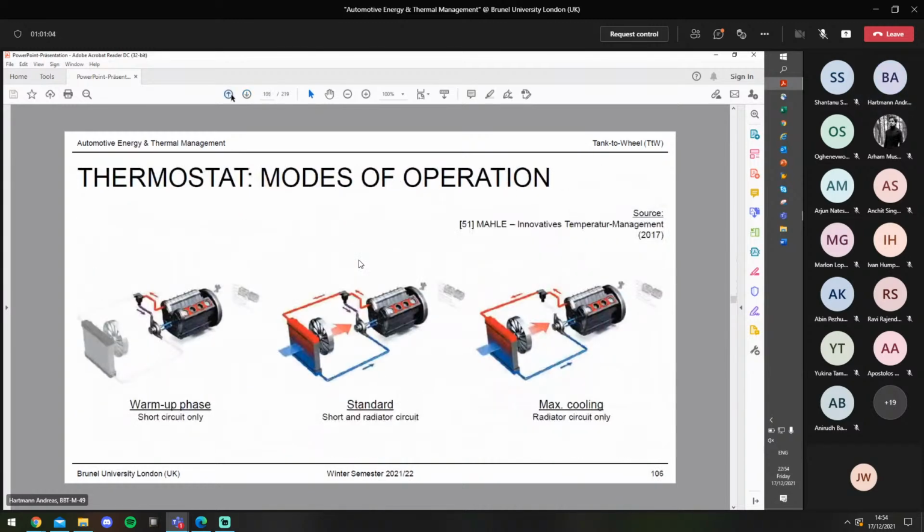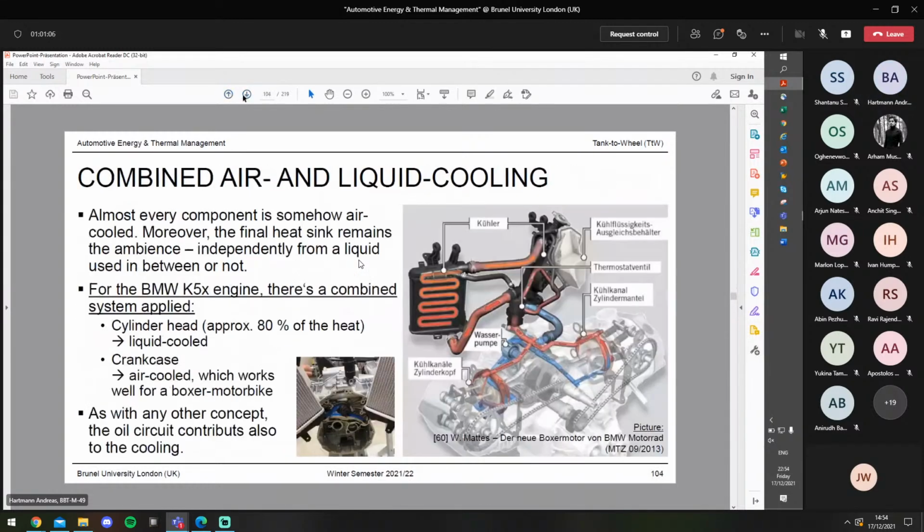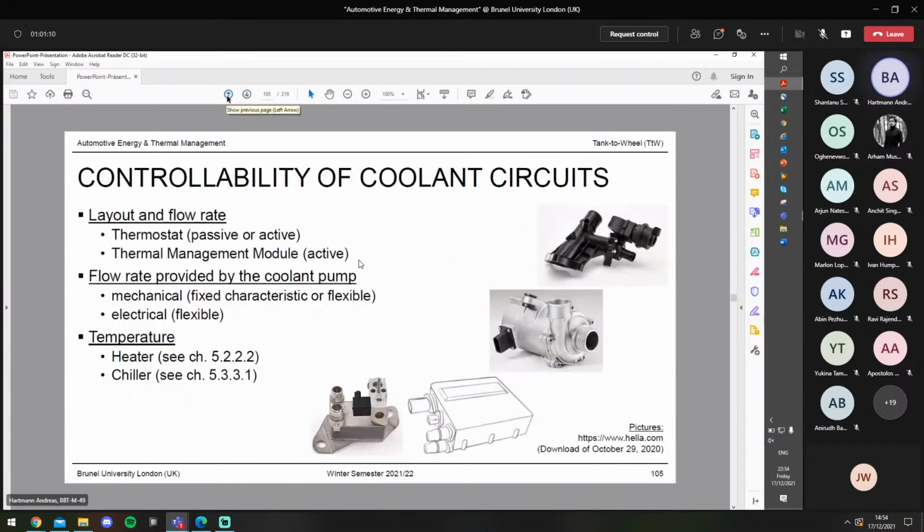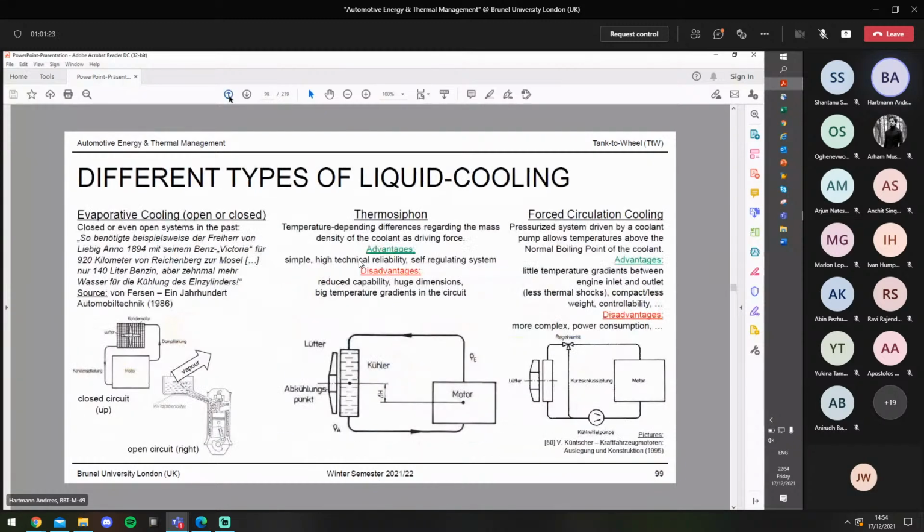Okay. Yeah, how to control coolant circuits. There are again several options. So first one, you can change the layout or the flow rate. So as mentioned before, when the engine is still cold, you must not send the coolant to the radiator, but you can go for the bypass.